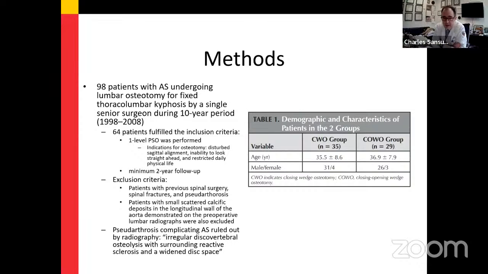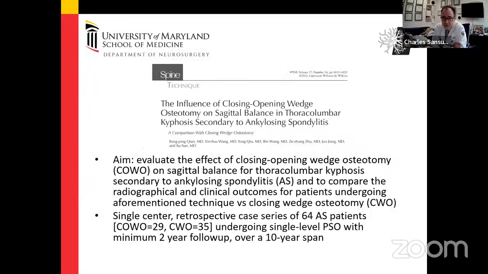So we're now going to have Dr. Parantat Patel, one of our PGY1 residents interested in spine surgery. He's going to be presenting this paper from China.